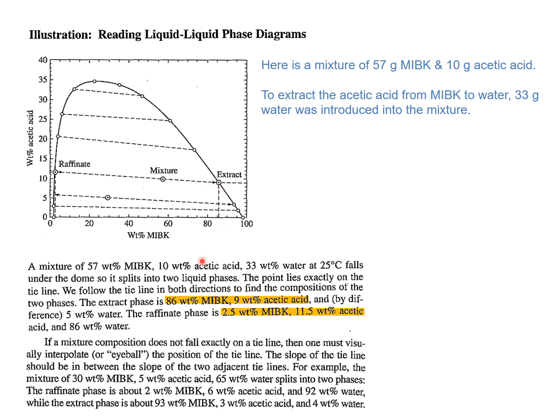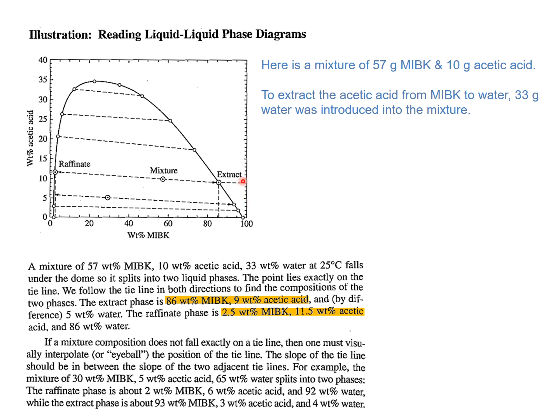This value is 86 weight percent MIBK, and going to the y-axis, 9 weight percent acetic acid, plus we could calculate the last of them, which is 5 weight percent water. So here we recognize the composition of the extract phase or MIBK-dominant phase.